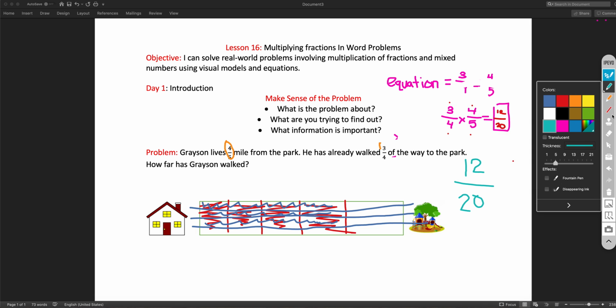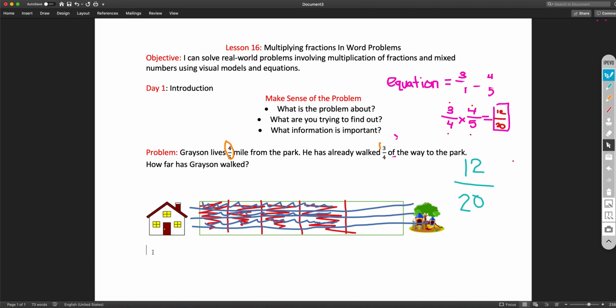So let's think about the greatest common factor of 12 and the number 20. So for 12, 1 is a common factor. 2 because 2 times 6 equals 12. 3 because 3 times 4 equals 12. 4 because 4 times 3 equals 12. 5, no. 5 times no number can give you 12.